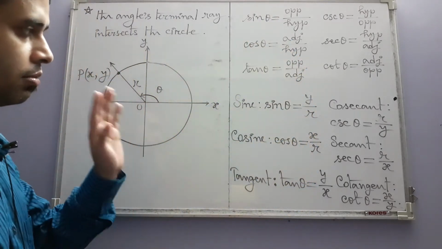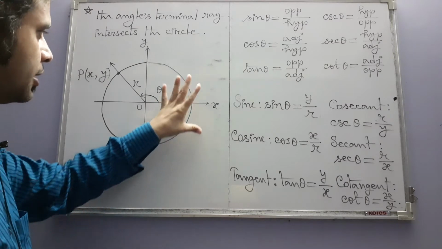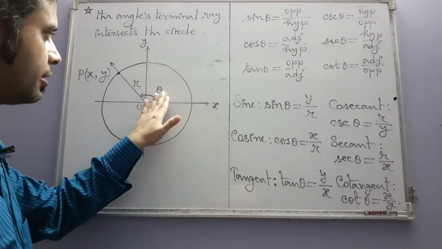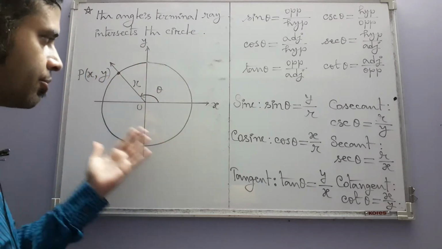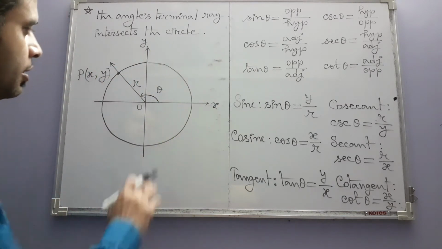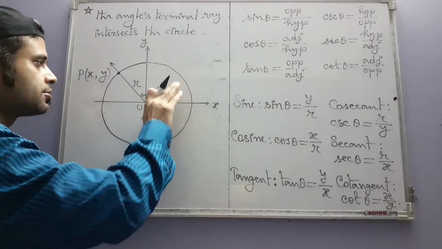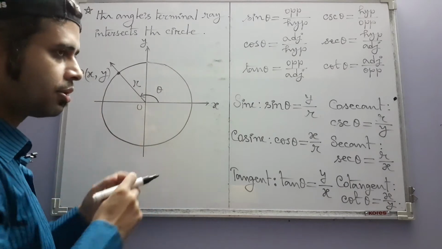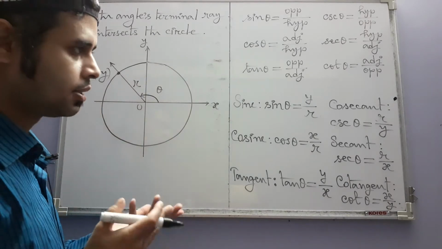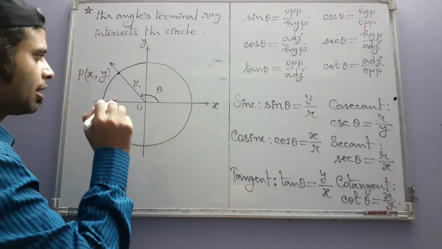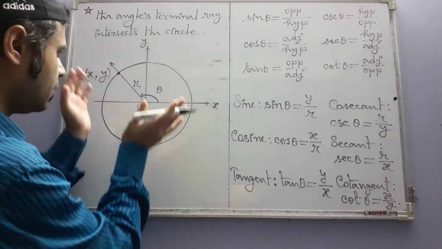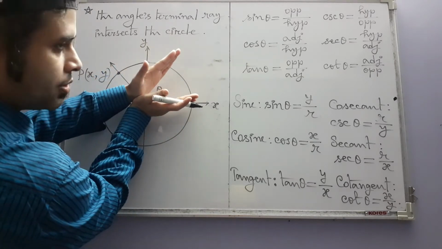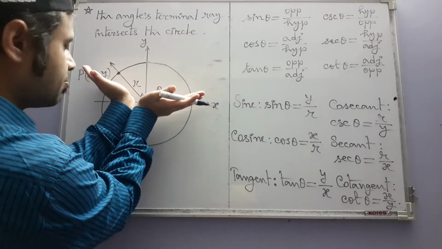And don't make the mistake of thinking that we are defining this thing only for an obtuse angle theta simply because we have drawn the figure like that. No, our theta can be obtuse, can be acute, or can even be negative, or can be anything. The only thing is that whatever our theta is, we will put the angle in the standard position like this. If it is acute, we will put it like this. If it is obtuse, we will put it like this.